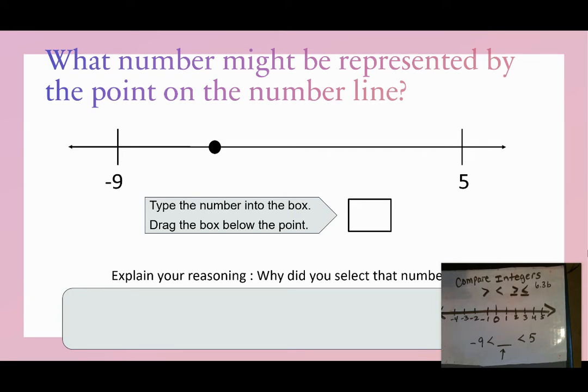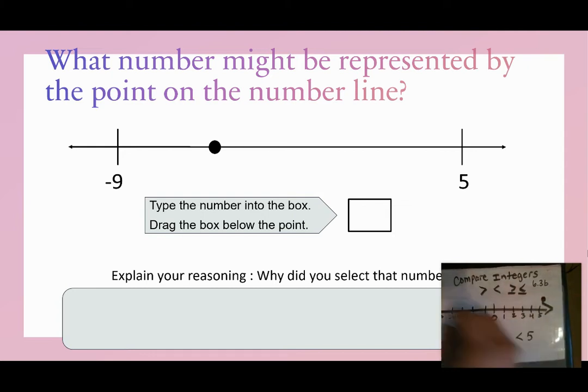If we want specifically an integer, we want a whole number that is between -9 and +5. So +5 is here. -9 is way even further than that. So actually every number that I have listed on this number line is between -9 and 5, except 5. 5 would not be included unless it had this less than or equal to sign.